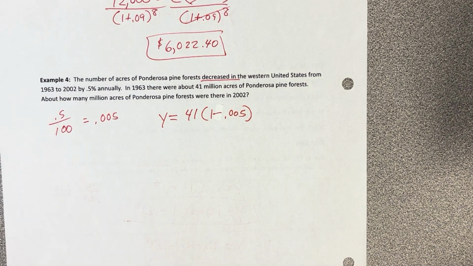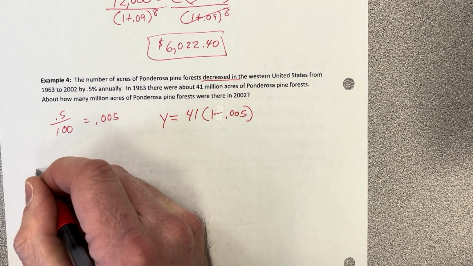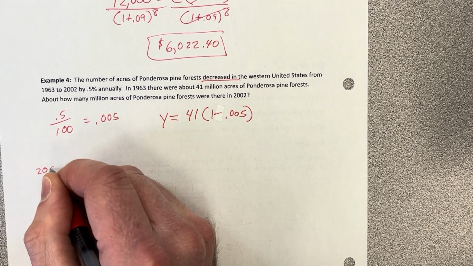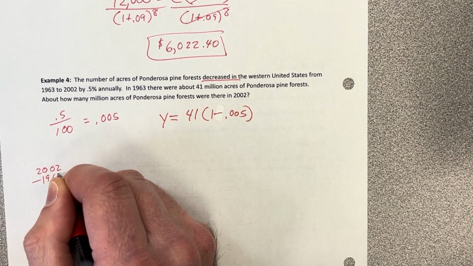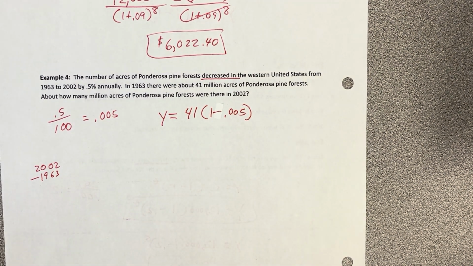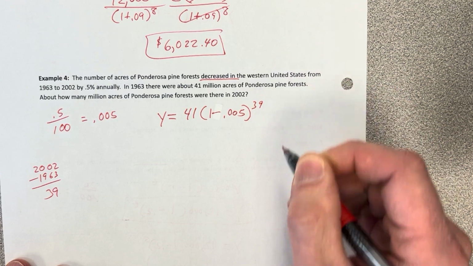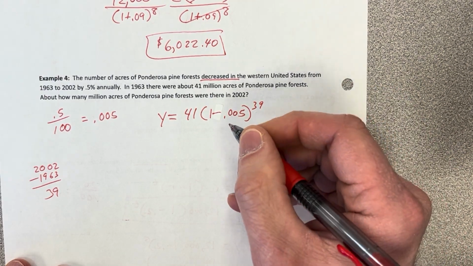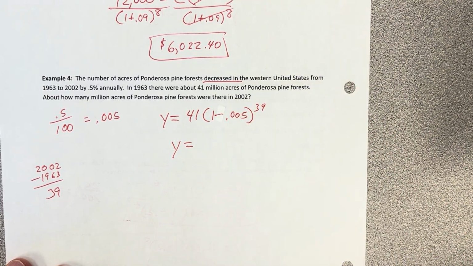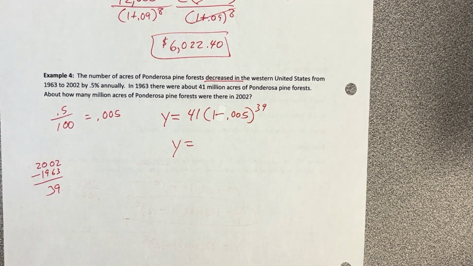They want us to find out how much forest is left in 2002. Well, we got to know how many years that is. Well, they started in 1963. So 2002 minus 1963 is 39 years. 39 years is taking place. And I'm going to punch that into my calculator.